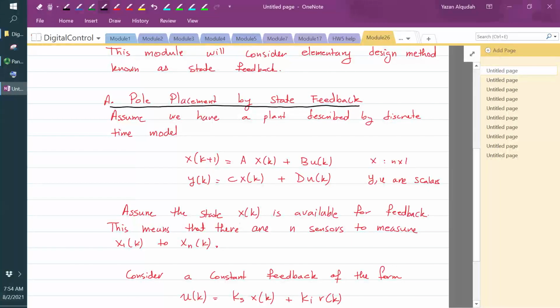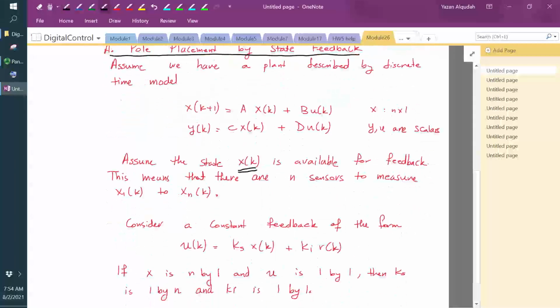X is the states, so therefore we're assuming we have sensors that can measure all the states of the system. So if you're measuring a motor, we have a sensor that measures the location or the position. We have a sensor that measures the speed. All the states in the system can be measured and we have access to them.